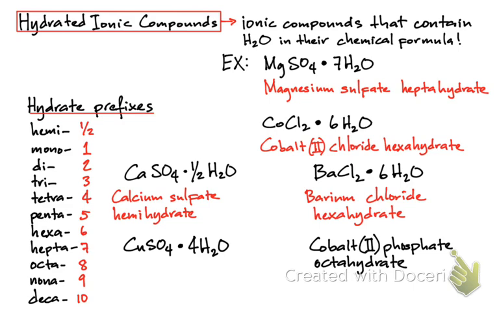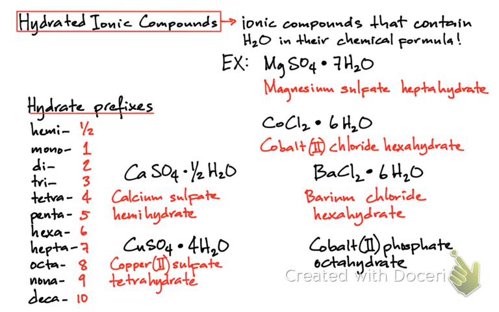Third one here, we have copper 2 sulfate, because the sulfate ion has a -2 charge, so that must mean that the copper has a +2 charge. So that would be copper 2 sulfate tetrahydrate, because you have 4 water molecules.